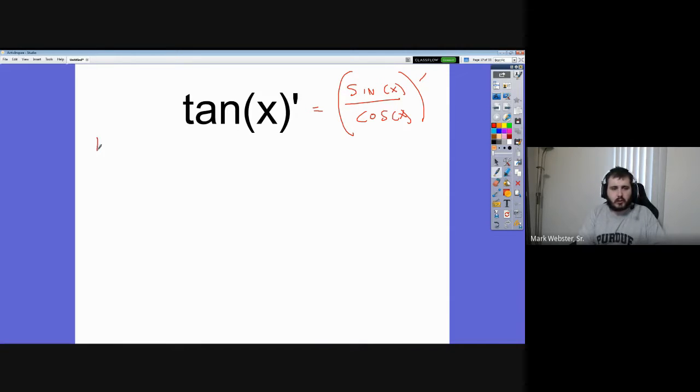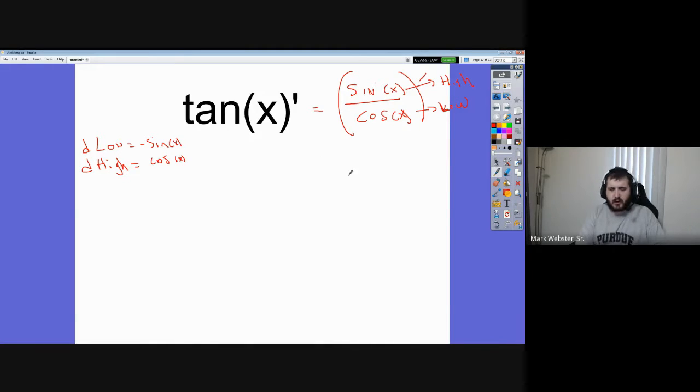So we've got low is cosine. High is sine. What's d low? It's negative sine. What's d high? It's cosine.